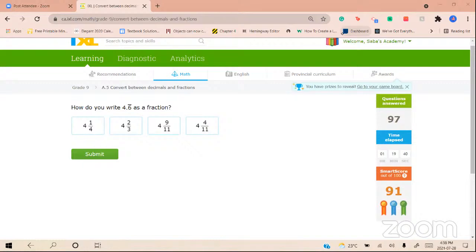Okay, so there are a few methods you can use. The easier way first is just to check what is 2 over 3, what is 9 over 11, and see which one gives you 0.6666.